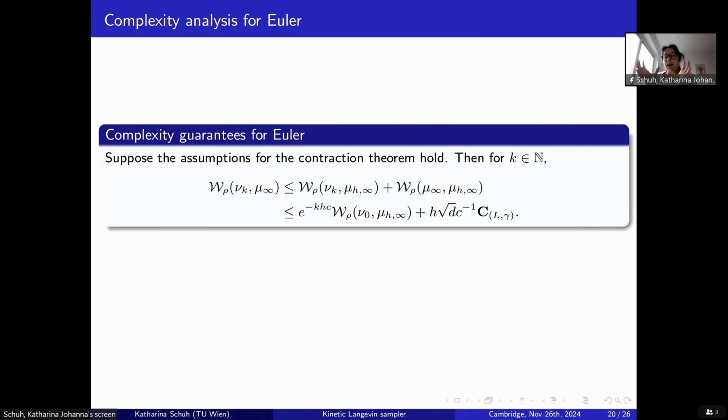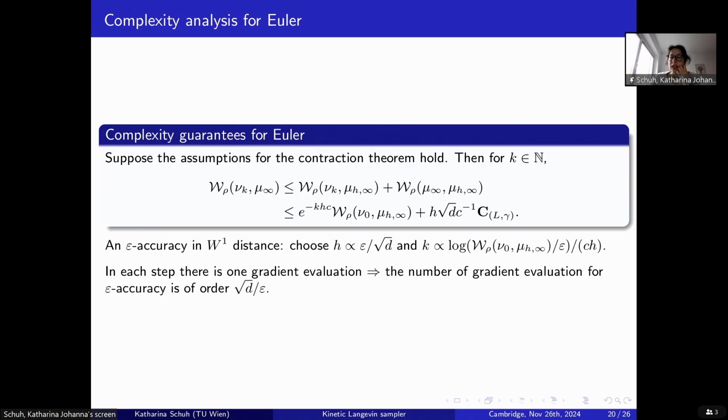And we see that we can bound the term on the left-hand side by some epsilon if we choose h and k in an appropriate way. In particular, if we choose h to be proportional to epsilon over square root of d, and k proportional to the logarithm of this Wasserstein distance divided by epsilon, divided by c over h.